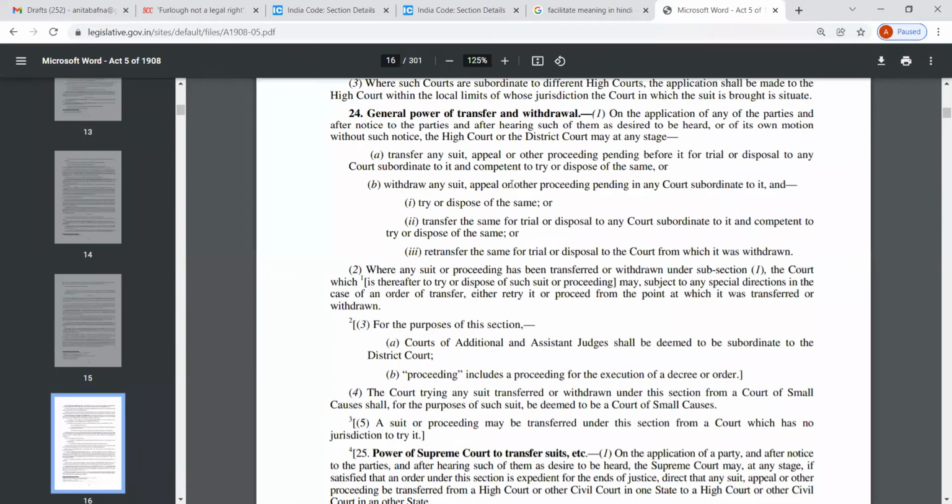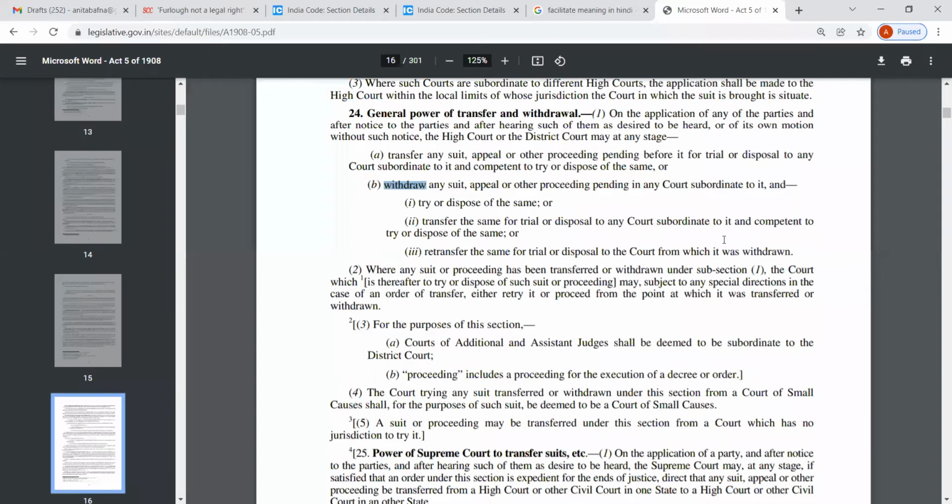High Court, District Court दोनों के लिए लागू होगा, and competent to try or dispose of the same, or withdraw any suit. पहला आया transfer A के लिए, B is for withdraw any suit, appeal or other proceeding pending in any court subordinate to it. उससे जो lower court है वहां से subordinate है, उससे छोटा court है, and try or dispose of the same, खुद ही try or dispose of कर दे, or transfer the same for trial or disposal to any court subordinate to it. वो दूसरे court को भी भेज सकता है. इसमें हाई कोर्ट और डिस्ट्रिक्ट कोर्ट दोनों शामिल है.